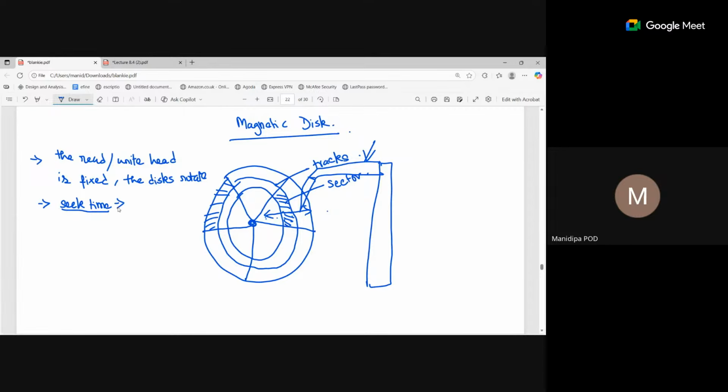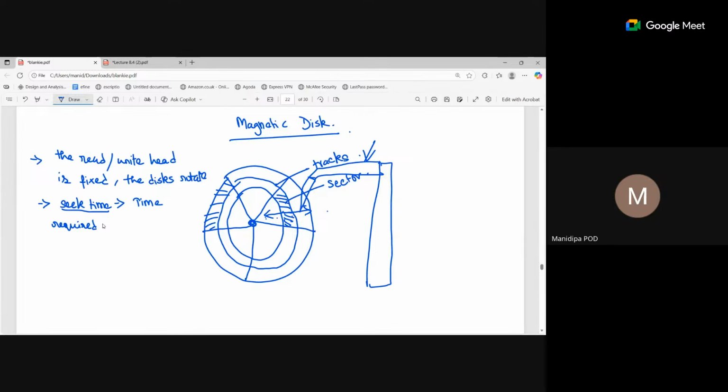So what is seek time? When I know that I need to fetch some data from the magnetic disk, the first thing I need to know is in which track the data is stored. We are doing a very basic overview of it, not going into the internal mechanisms. We are just teaching you the basic working of a magnetic disk.